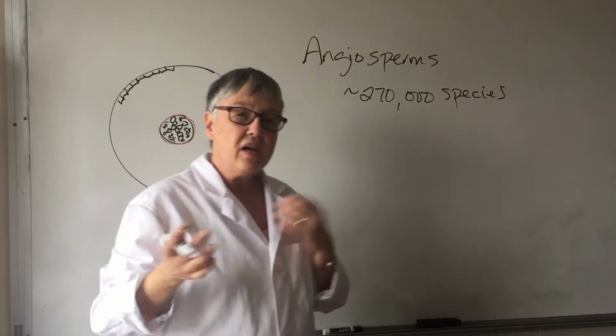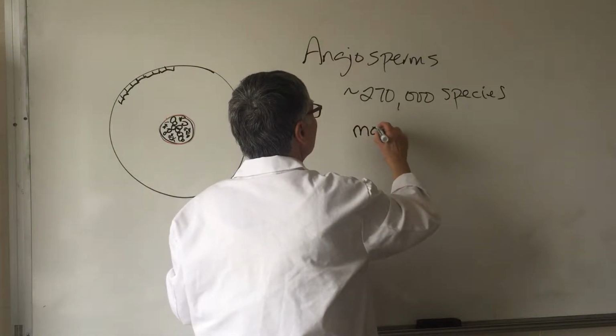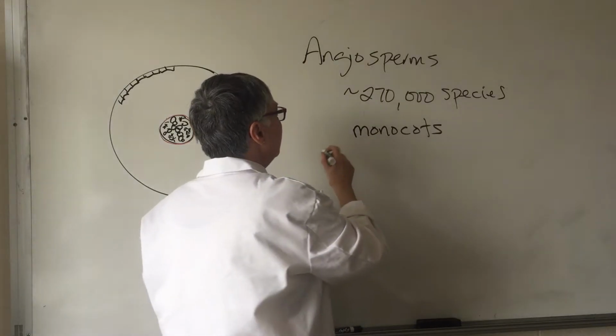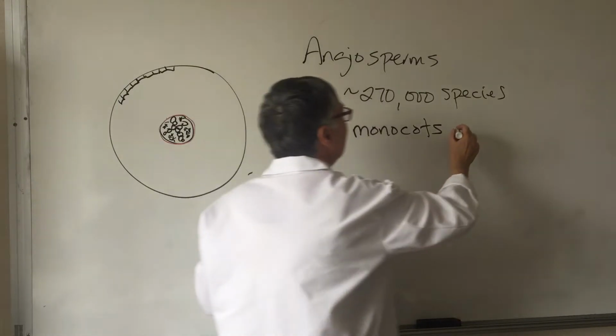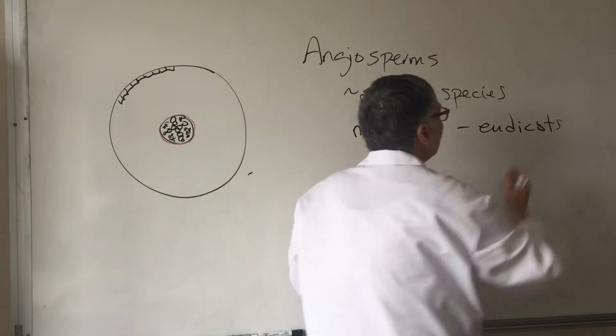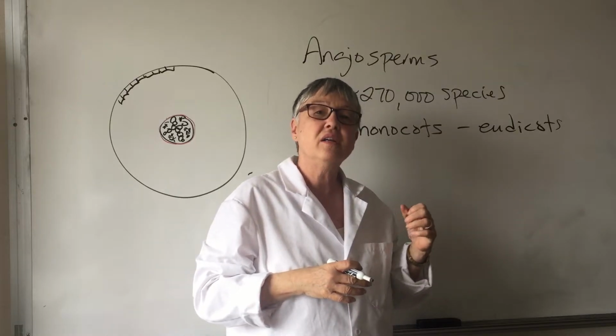They can be divided into two main groups, and you might have heard these terms before. There's one group called the monocots, and a second group called the eudicots, or in the past, have been just called the dicots.